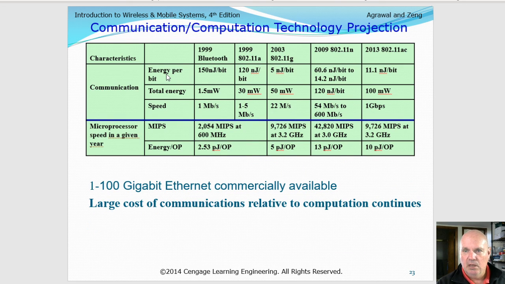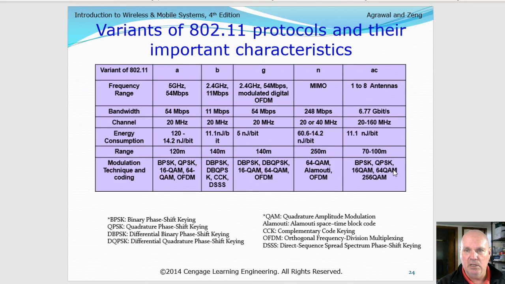Okay. Not much information here. I think it's just comparing communication data rates and microprocessor speeds, and how microprocessor speeds are still well ahead of the achievable communication rates, but there have been tremendous increases in both of these over the last 30 years, certainly.